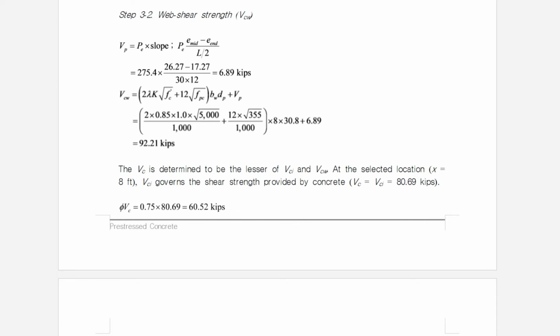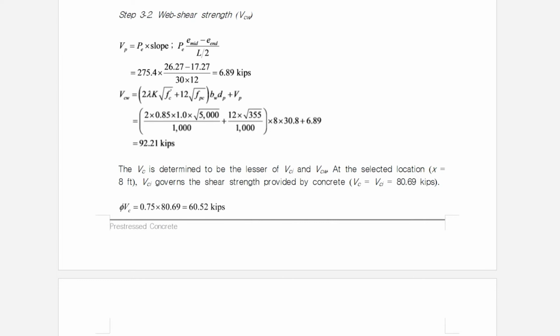So actually it's a V-shaped profile. So that slope is obvious and it's calculated like this. And then effective force was 275.4 kips. Because it's almost horizontal, almost flat, so vertical component is not that much, but it's non-zero. So 6.89 kips is added later here.